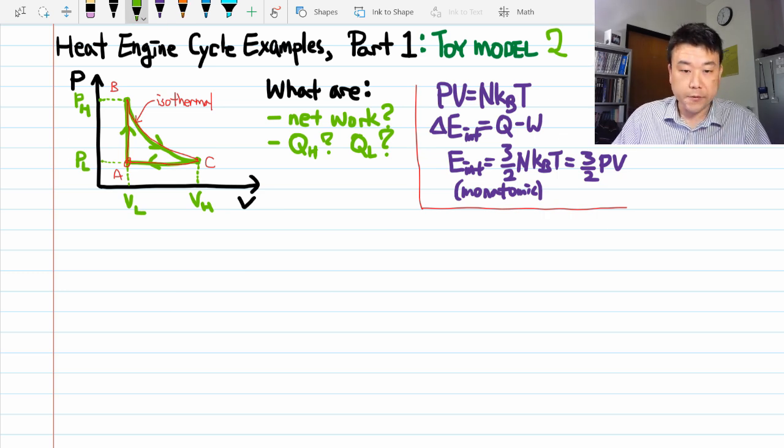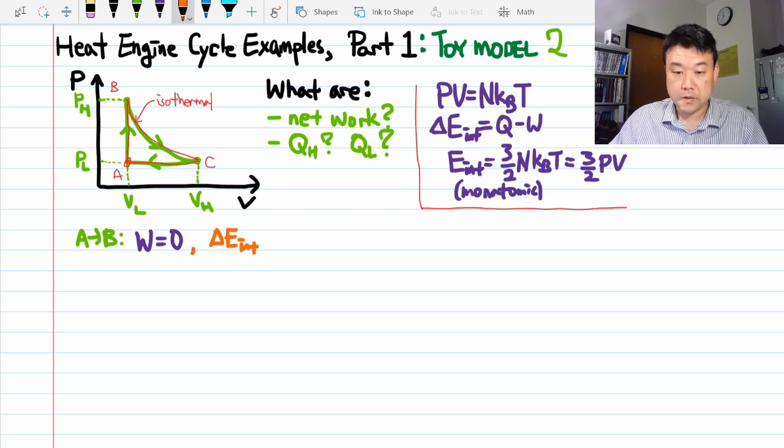Alright, so the process from A to B looks very similar to what we analyzed before. In fact, it's the same process. So let's go through it. The net work done is 0, no change in volume, and the change in internal energy is 3/2 times the difference of pressure times volume. So the ending pressure times volume, high pressure times low volume, minus 3/2 low pressure times low volume.